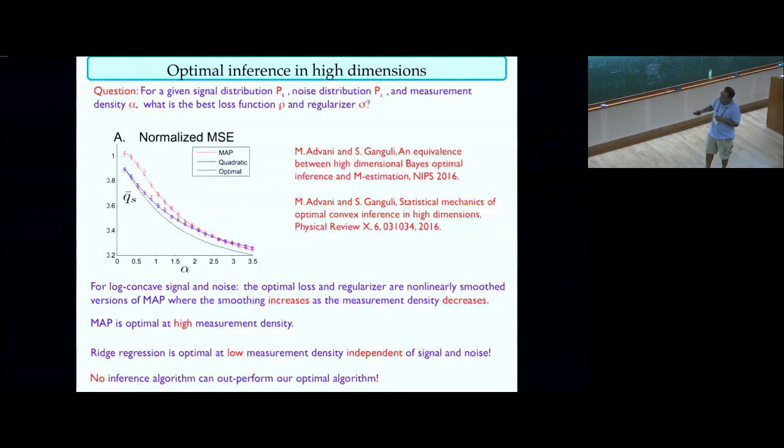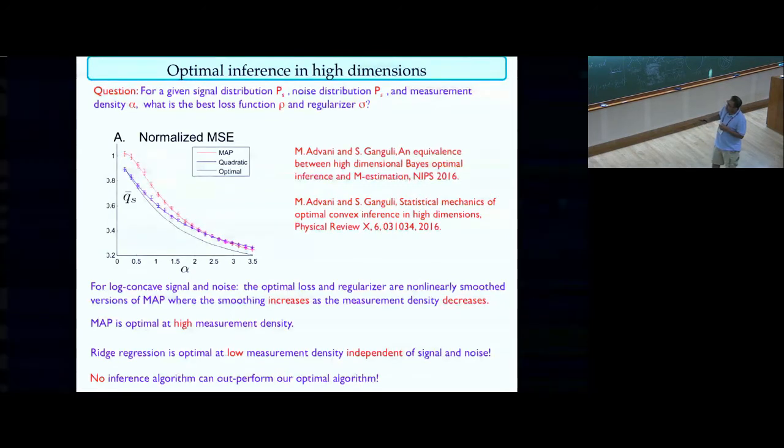So here's an example. This is the measurement density. This is the Laplacian signal and noise. The solid curves are theoretical predictions from replica theory. The error bars are numerical simulations. This is the normalized L2 error, normalized by the energy in the signal per component. So this is literally the fraction of unexplained variance in the signal.